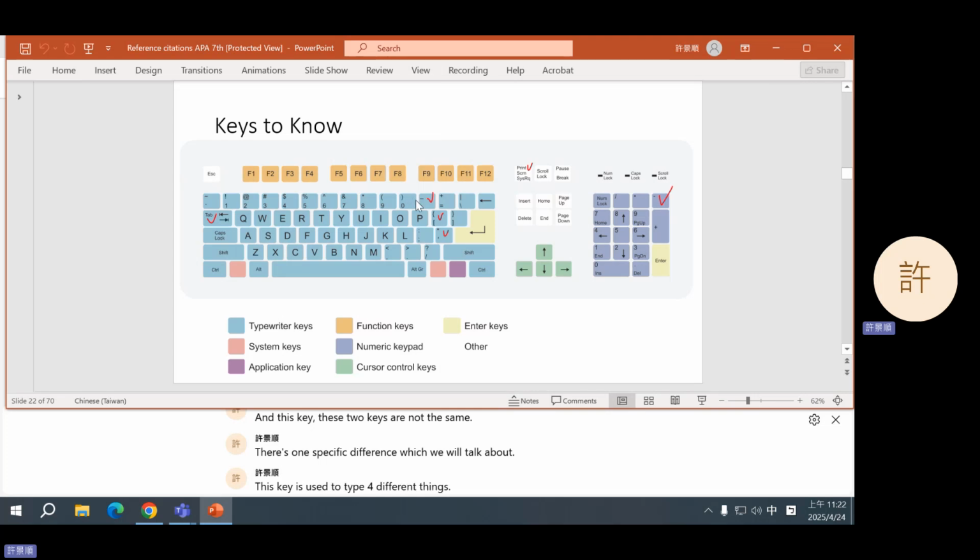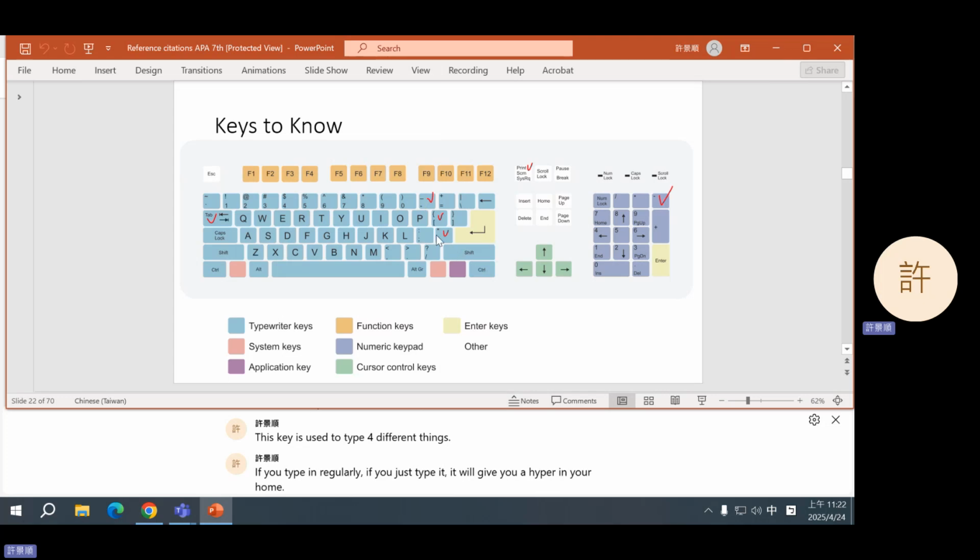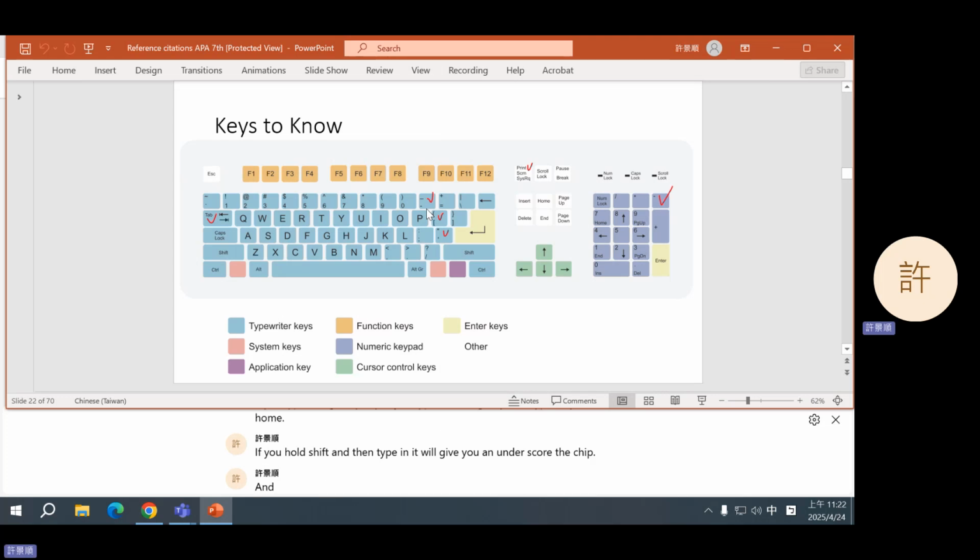If you just type it regularly, it will give you a hyphen. If you hold shift and then type it, it will give you an underscore. And if you use this key in a very specific way, it can also give you an en dash and an em dash.